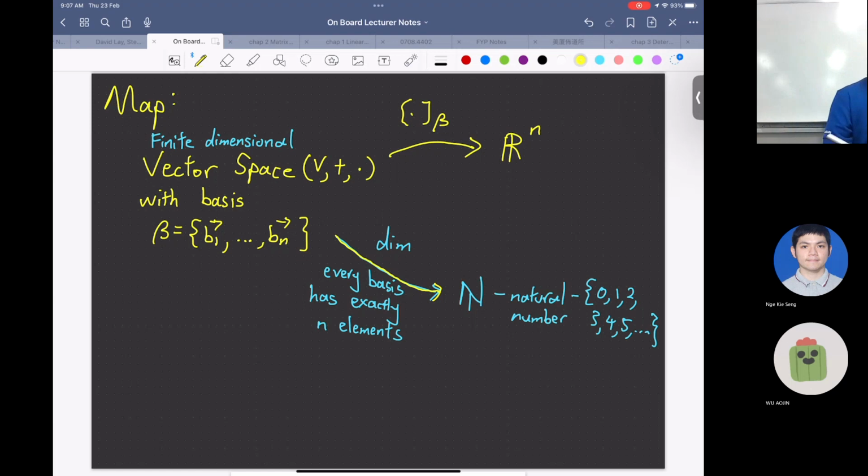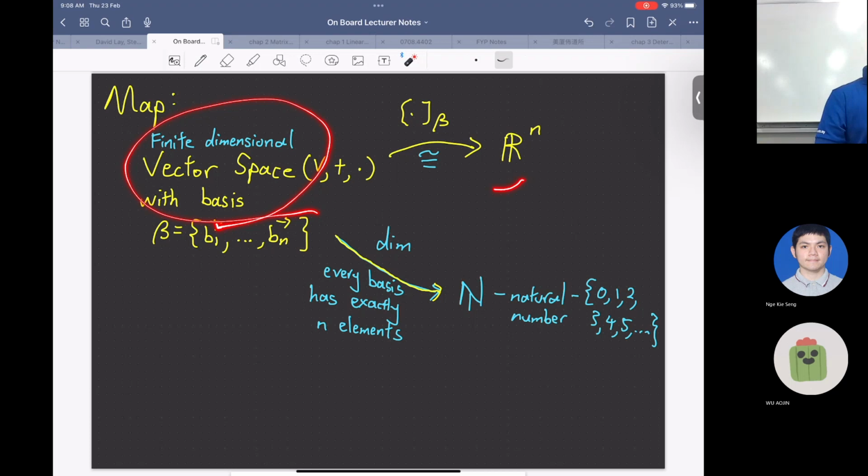So we established that there's an isomorphism between these two spaces. If you want to study a finite dimensional vector space, it's the same as studying Rn, right? We turn the question about the set of polynomials into Rn, where we do the row reducing using the coordinate vectors. Remember the example we did yesterday?